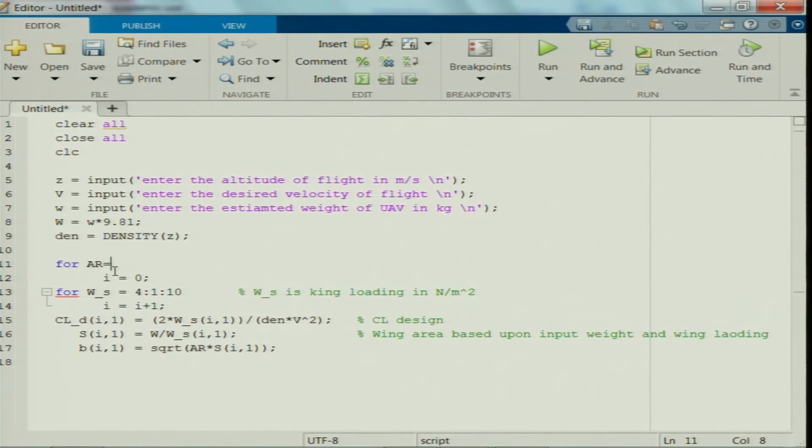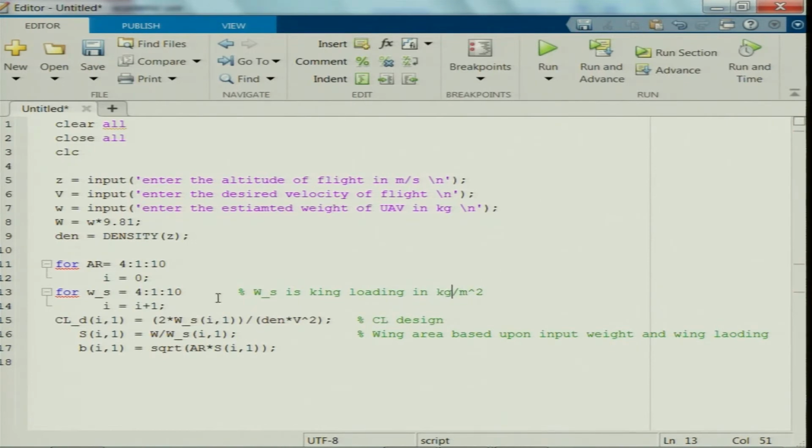So, let AR vary from say 4 to 10, again the same, let us assume, with an increment of 1, right. So, let me call this small ws, which is in kg per meter square.